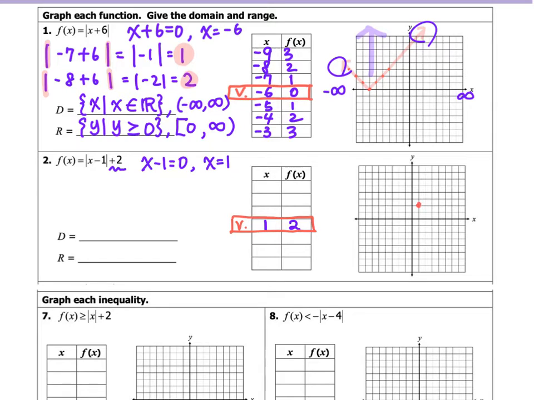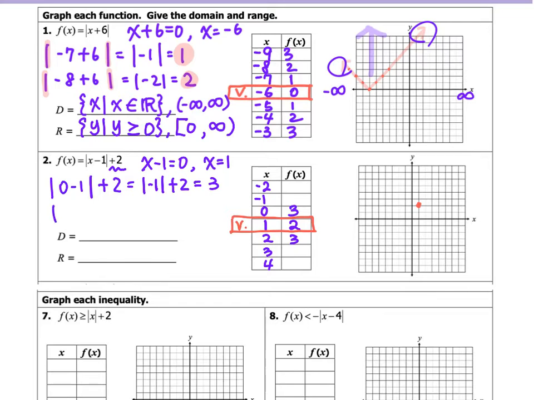So let's find the rest of the values. When x is 0, the absolute value of 0 minus 1, plus 2, will be the absolute value of negative 1 plus 2. So 1 plus 2 is 3. That means when x is 2, the y value is also 3.